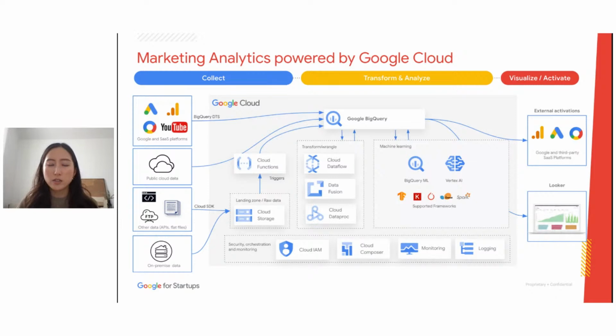And we also make it easy to ingest data from other cloud providers as well. There are multiple ways to ingest third-party data into Google Cloud Platform so that you can really see the full picture.